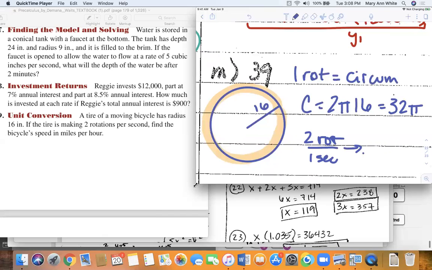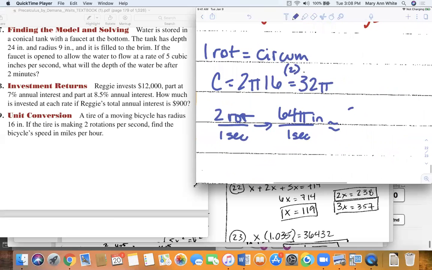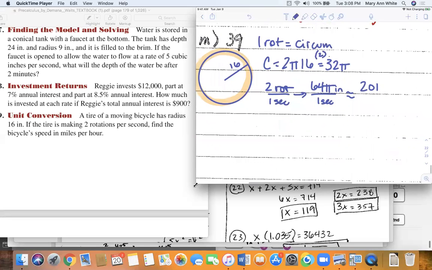So he's not just doing 32 pi per 1 second, he's doing 64 pi per 1 second, because that's 2 rotations. I did 2 times 32. And that's in inches. Let's figure out what 64 pi is in actual inches. I got 201 inches for 1 second.